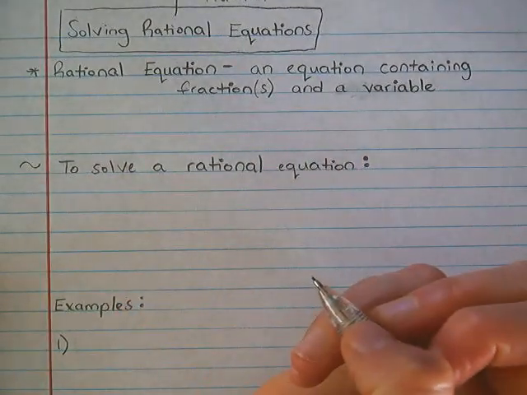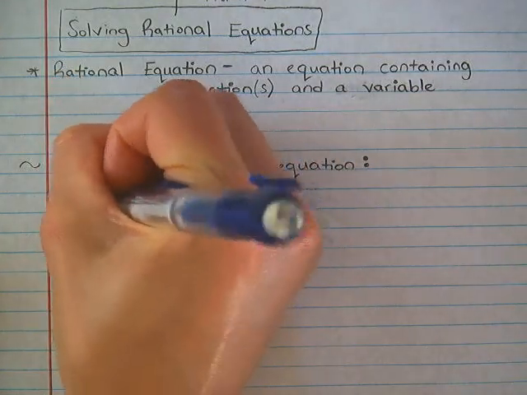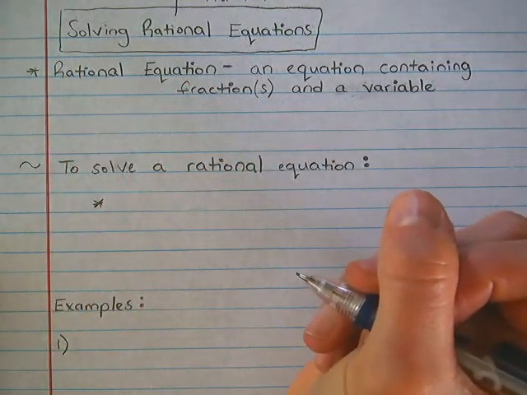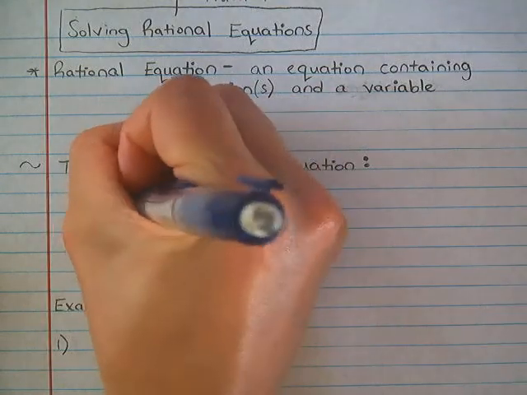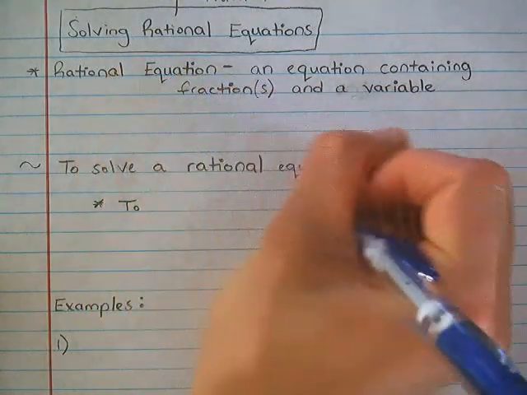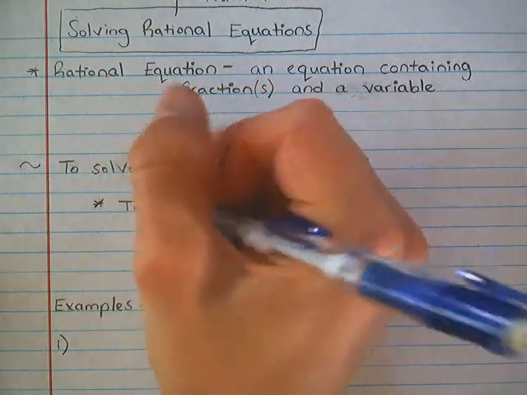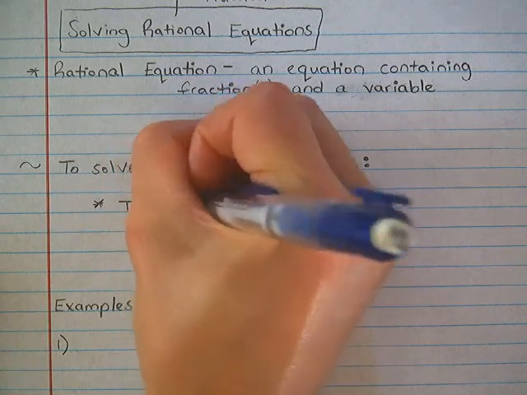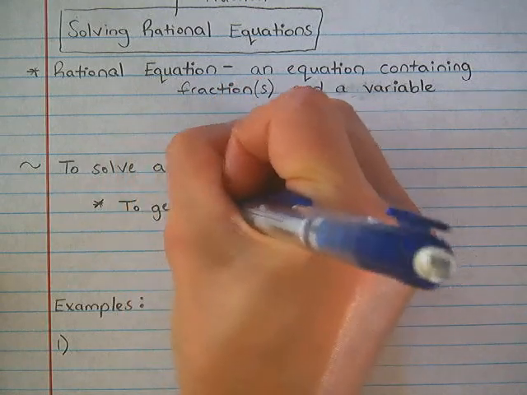Well, the goal actually, which you guys will be pretty happy about, is to get rid of the fractions that are in it. So to solve a rational equation, your goal to begin with is to get rid of the fractions.